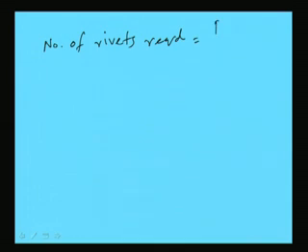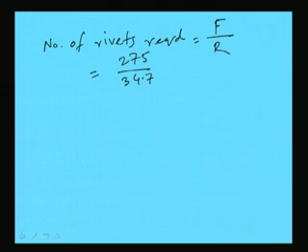Next, the number of rivets required will be the total force divided by the rivet value. Total force was 275 kilonewton, rivet value is 34.7 kilonewton, this comes around 7.9, that means 8.